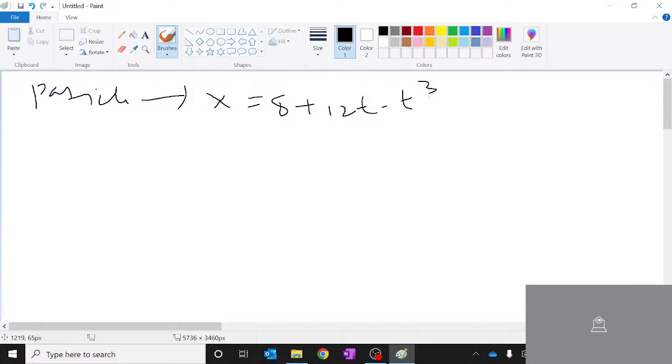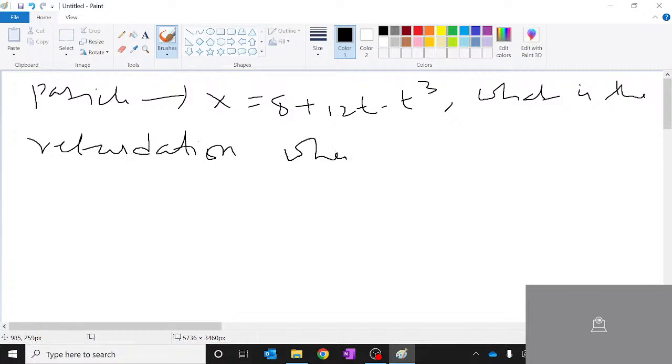This is the equation, or the function of that displacement with respect to time, correct. Now you are supposed to find out what is the retardation of this particle when velocity is 0. What is the retardation of this particle when velocity is 0?